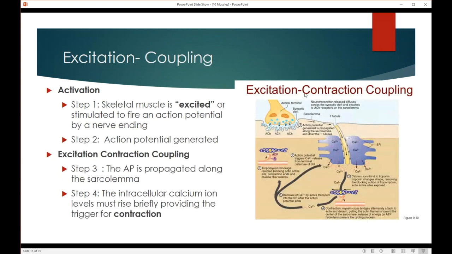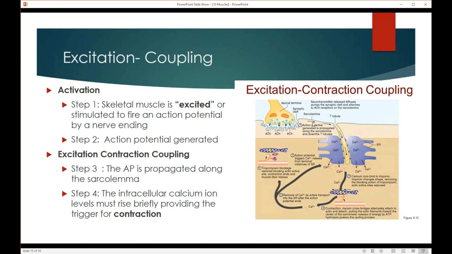So all of that is like the first step of what we call the excitation contraction coupling. Okay, that neurotransmitter, so this neuron released the neurotransmitter into the synaptic cleft. We call it a synapse or synaptic cleft. Okay, and that neurotransmitter here that we're using is acetylcholine. The acetylcholine bound to the receptors on the sarcolemma.